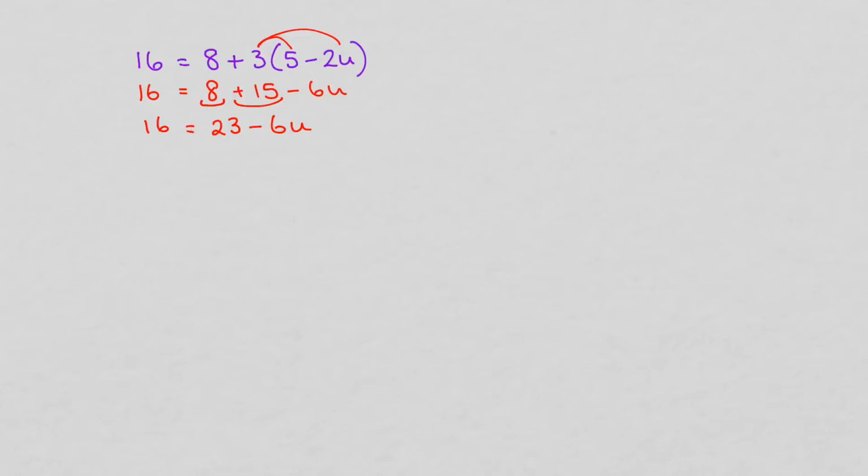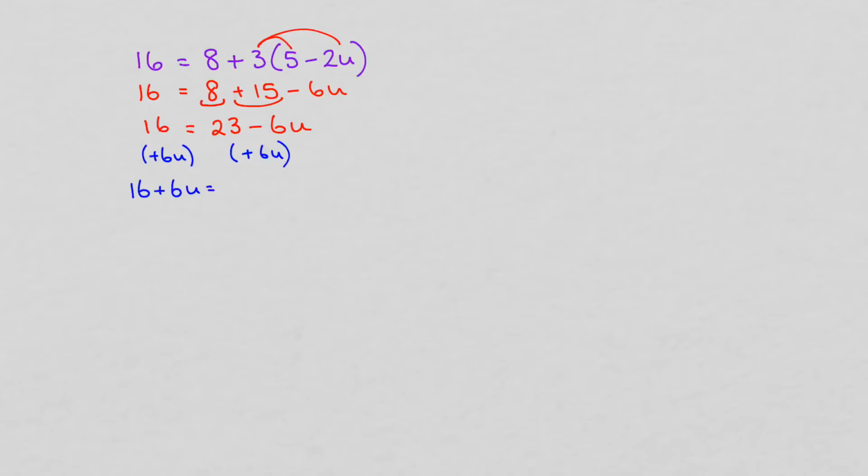Okay. Now, I've said before, we don't like it when the letters are negative, so we fix that before we do anything else. So we're going to add 6u to both sides. So that'll solve the fact that our u's are negative. So on the left-hand side, we'll have 16 plus 6u.